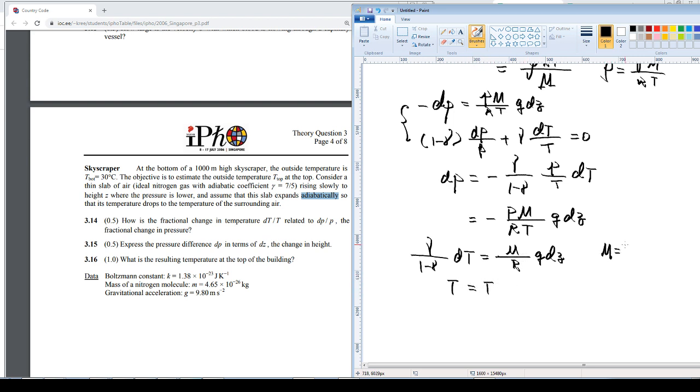That's 28 grams per mole for nitrogen, right? Molar mass. So T at z will be T0 plus big M g over R, times (1 minus gamma) over gamma, which is a negative number, times z.